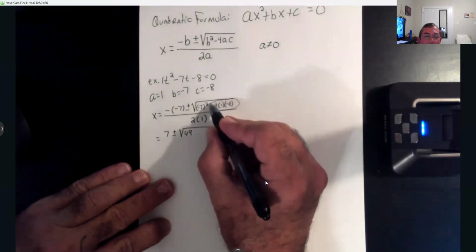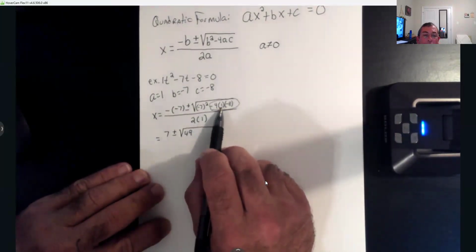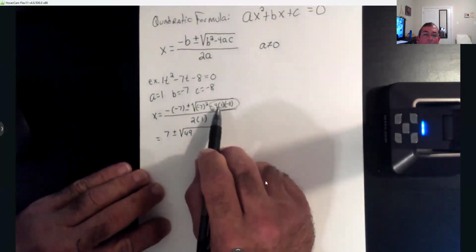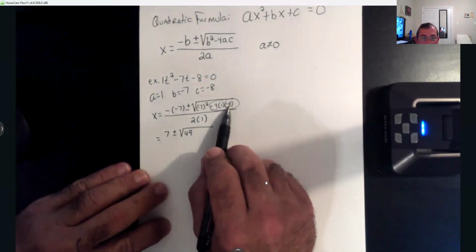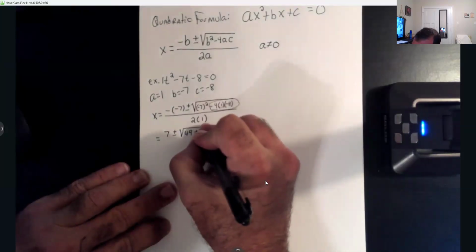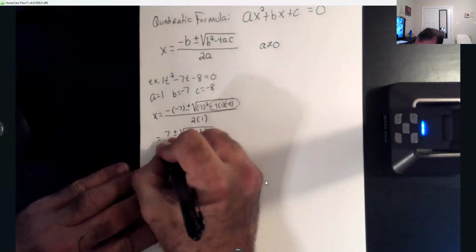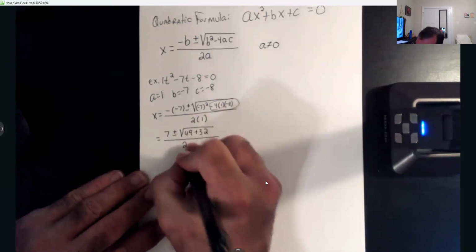All of this stuff is being multiplied together. So that's like a -4 times 1, which is -4. -4 times -8 makes that a +32. On the bottom at the moment, 2 times 1 is 2.